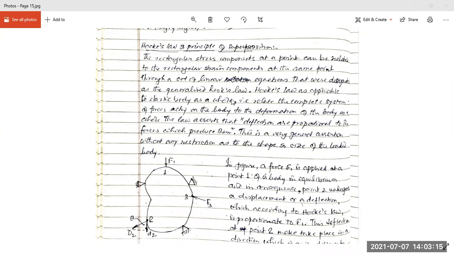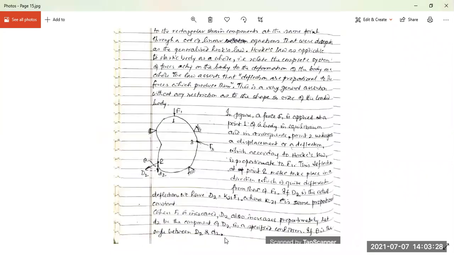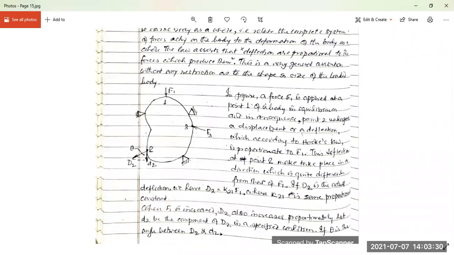Here a force F1 is applied at a point A, and the body is in equilibrium. In consequence, the point 2 undergoes a displacement or deflection, which according to Hooke's law is proportional to F1 itself.